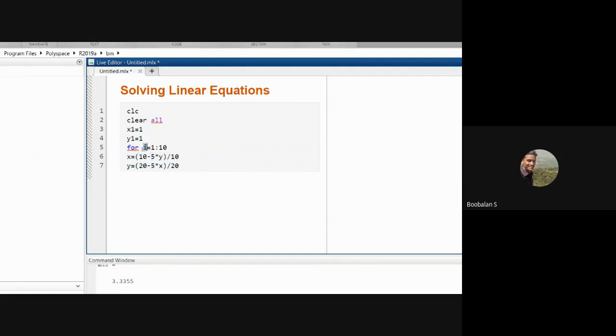This variable i is going to change from 1 to 10. So the iteration value is i, that's why x of i, and in the same way over here y of i, and then the iteration is going to get started, right? Now the initialization values are y1 here and x1 there.